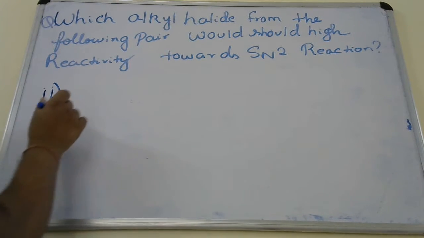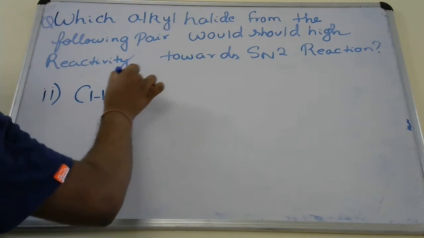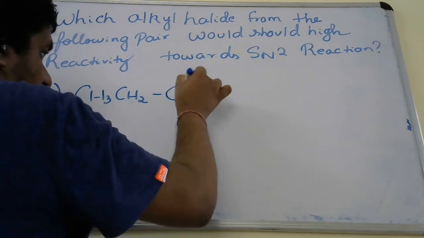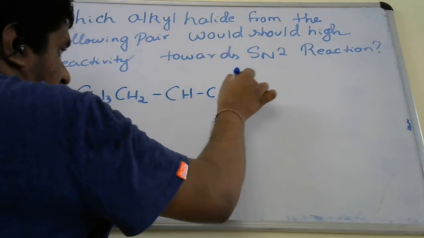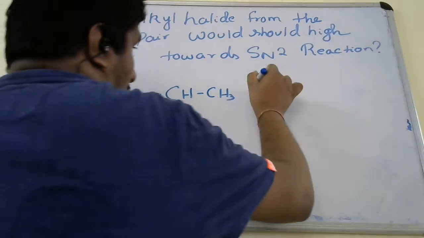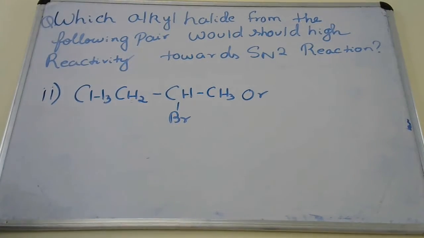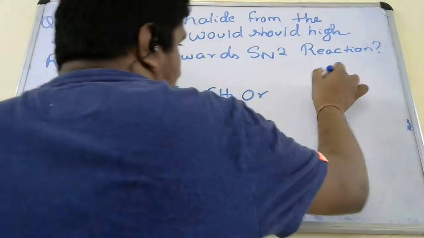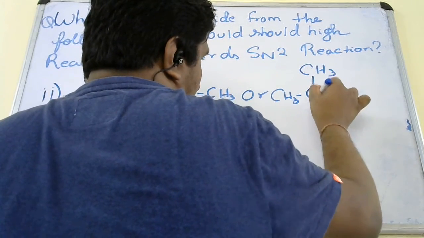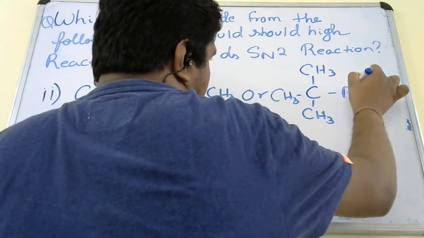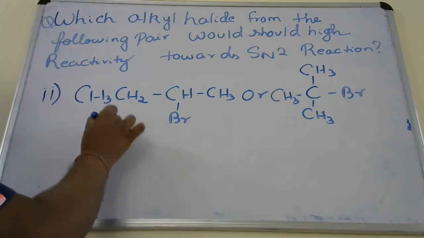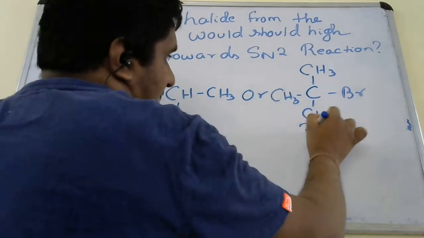It is given as CH3CH2CHCH3Br, or another alkyl halide. Out of the two alkyl halides you have to choose which one is more reactive towards SN2. Here you have a 2 degree alkyl halide and a 3 degree alkyl halide.